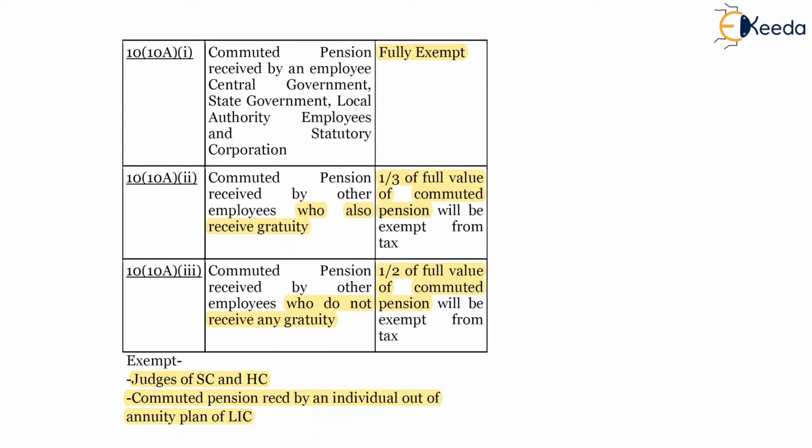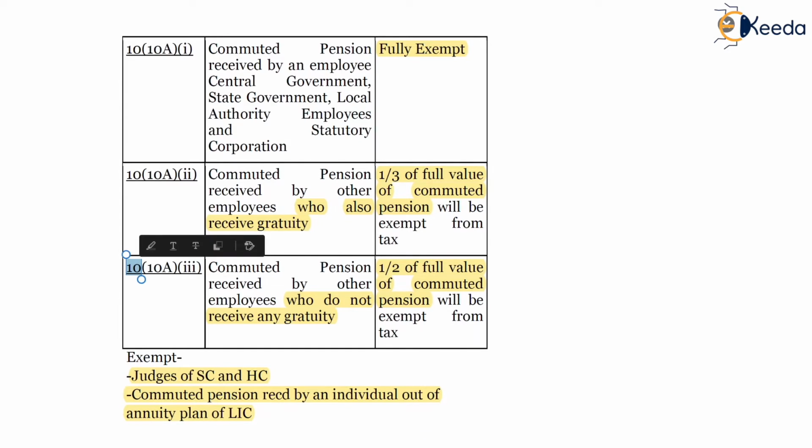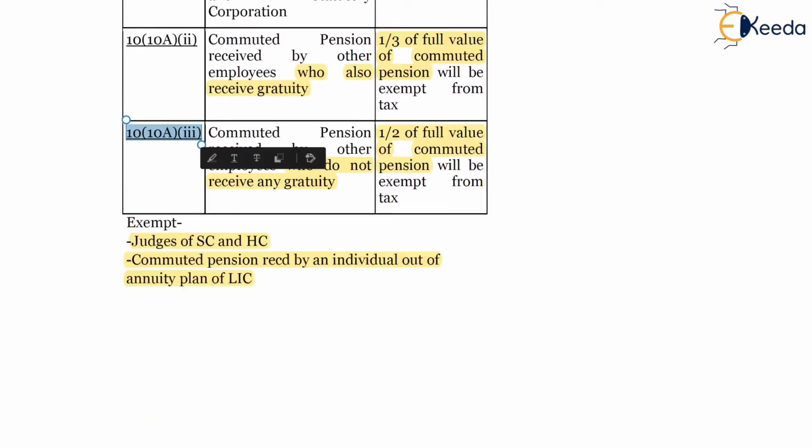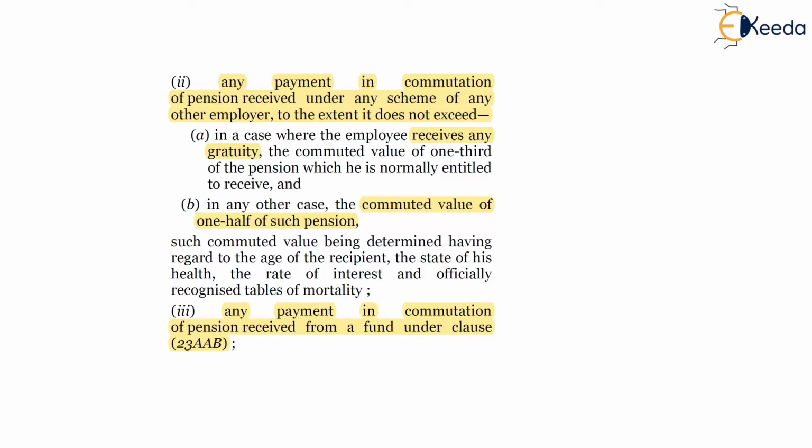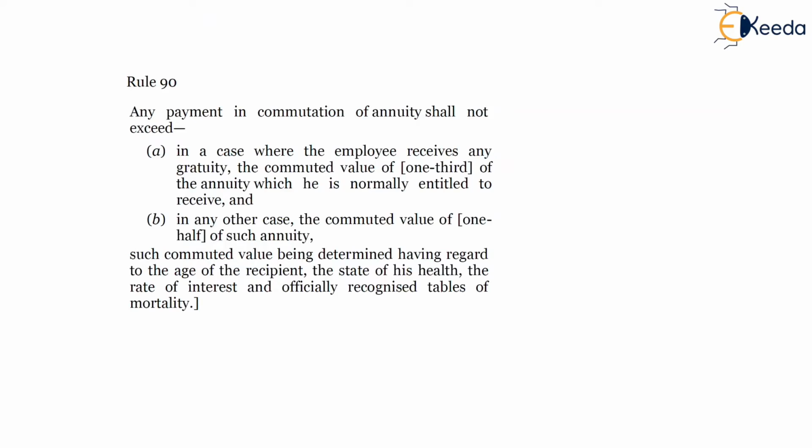So friends, here if you see, ideally this should not be clause 3. This should be clause 2B, right? This should be part of subclause 2 and not subclause 3, which is coming from the Bare Act, right?